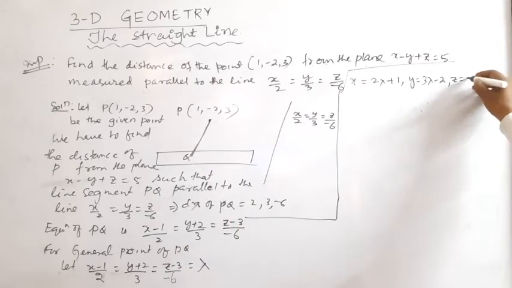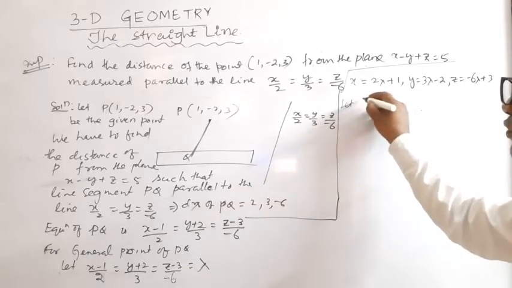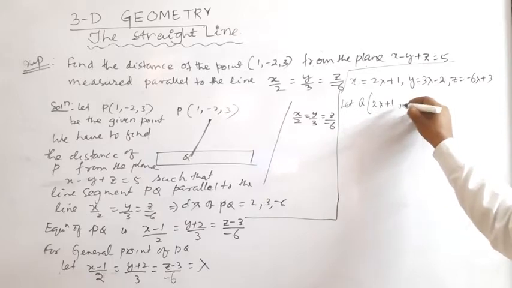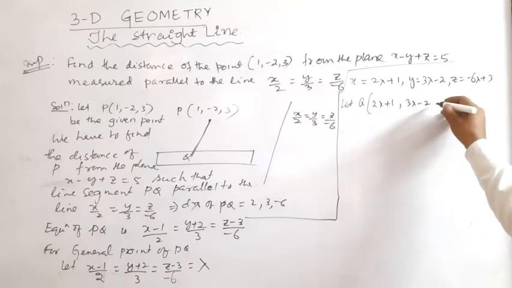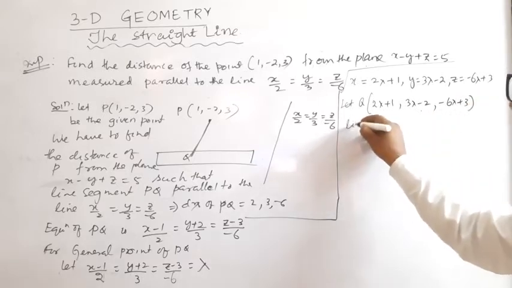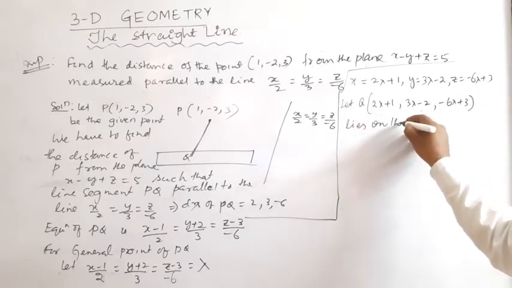Let Q be (2 lambda plus 1, 3 lambda minus 2, minus 6 lambda plus 3). This lies on the plane.